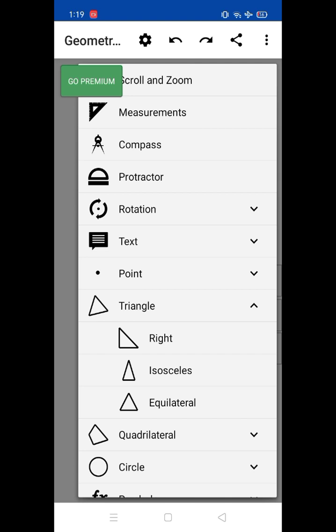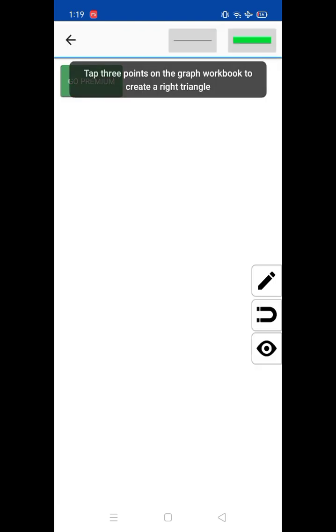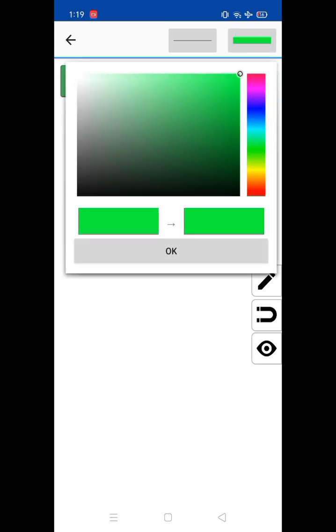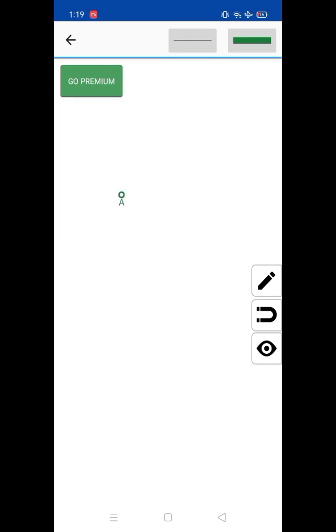So let's draw a right triangle, and we just need to follow the instruction to tap 3 points. We can choose or change the color. And this is the right triangle ABC, where angle B is equal to 90 degrees.